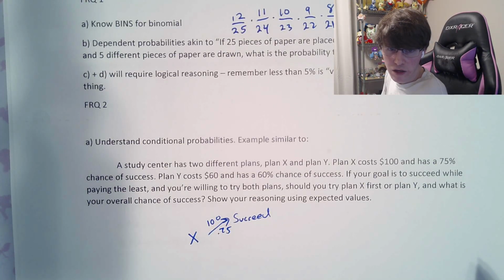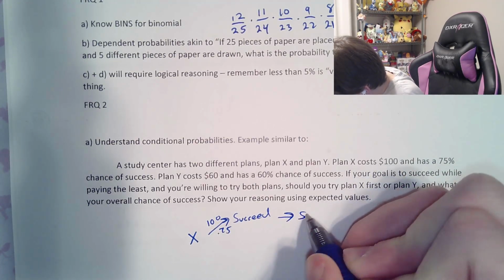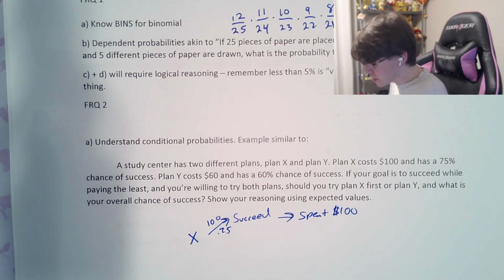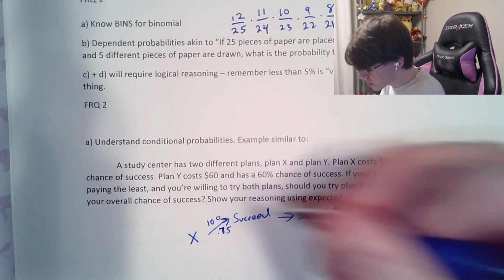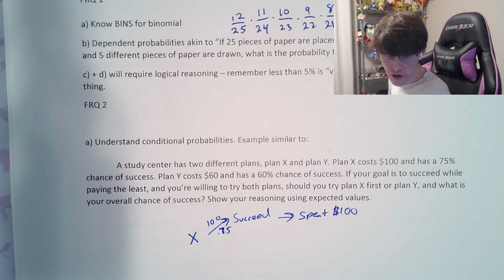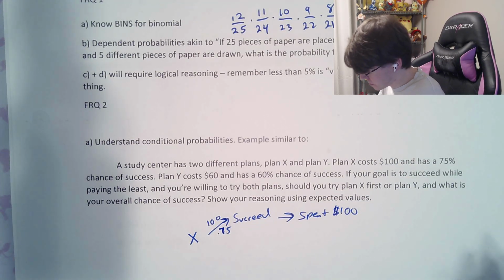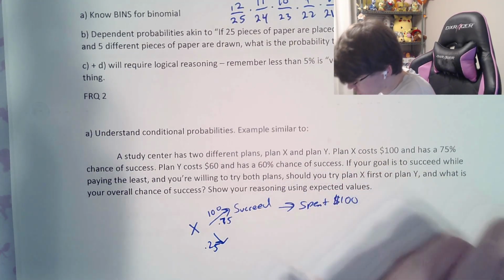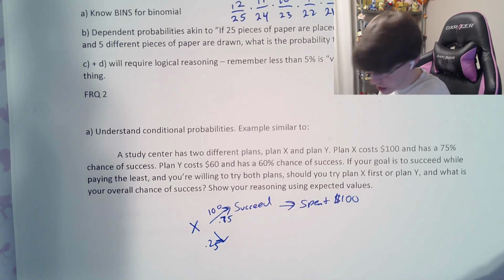In this situation, you have spent $100 and you have succeeded, and it will happen precisely 75% of the time. After that, you also have a 25% chance of going into Plan Y.